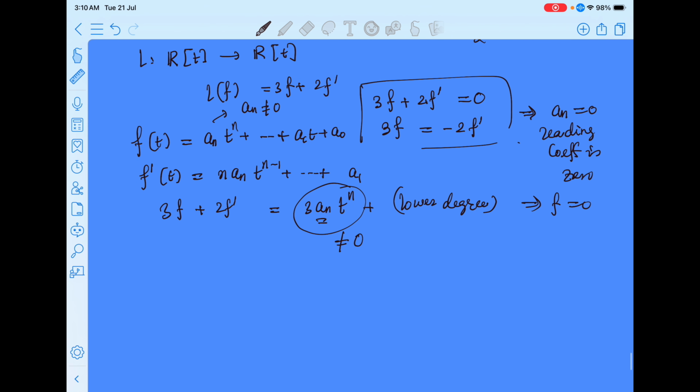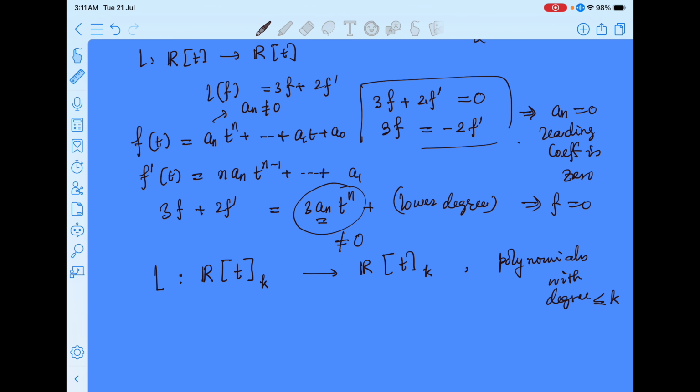Okay, now this is a linear transformation. So let us restrict the linear transformation. Let us denote this space R[t]_k, where k means polynomials with degree less than or equal to k.